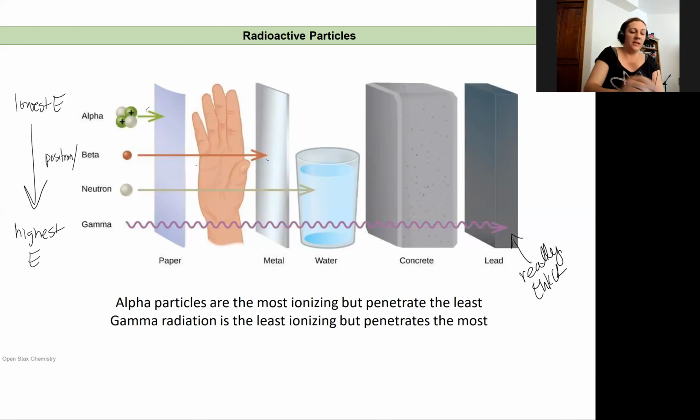And so we think about the danger of radioactive particles by how deeply they can penetrate, right? Like how can it do damage just on the surface of my body, or can it go through me and do damage internally? But the other piece of this is if it goes through you, what is the type of damage that it's actually doing? And so the other piece we track when we think about the danger of these particles is how ionizing they are.